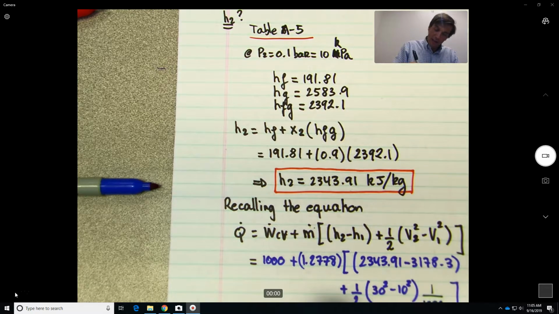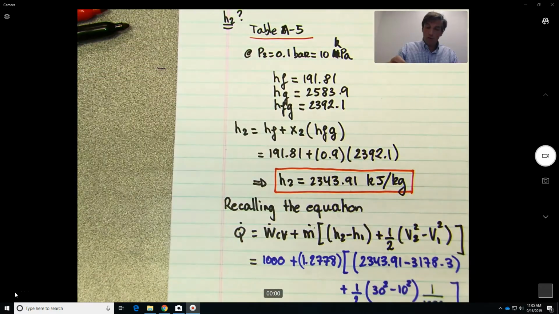So finally, at the end, we have that the heat transfer, that will be in kilowatts, is equal to minus 65.66.